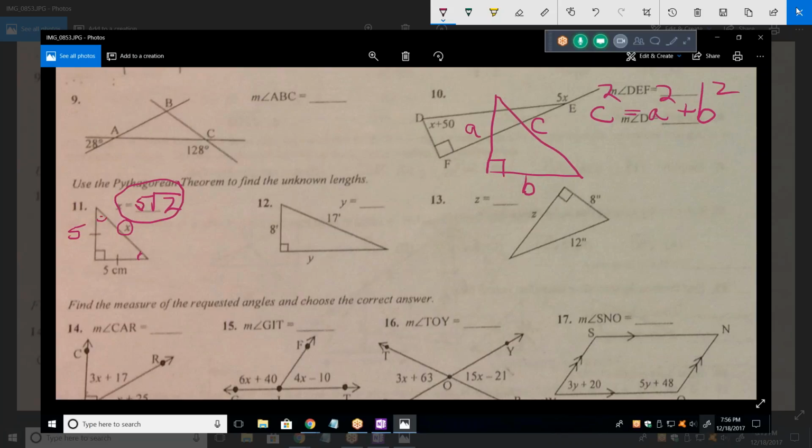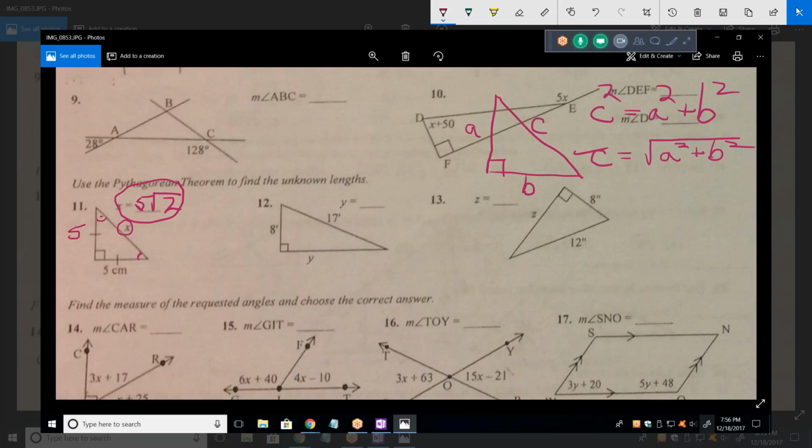But when you're solving these right triangles, you're always solving for one of the sides. So if I'm solving for C, the hypotenuse, then C is always equal to the square root of a squared plus b squared. And it is worth memorizing that.